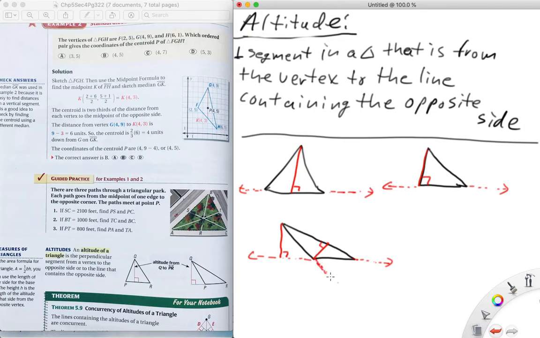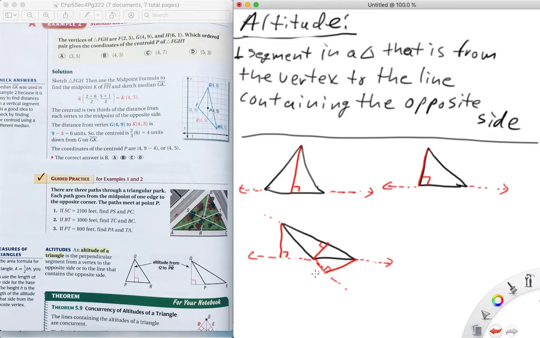So I can draw its line all the way through like that, and make a 90-degree angle right here, like so.